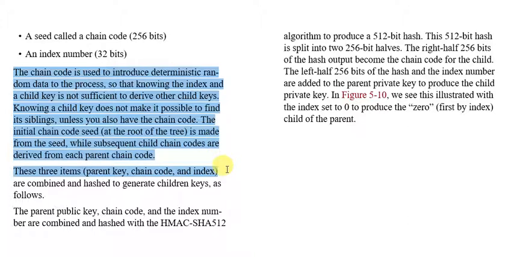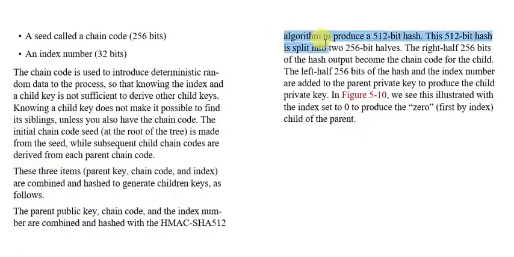These three items, parent key, chain code, and index, are combined and hashed to generate children keys, as follows. The parent public key, chain code, and the index number are combined and hashed with the HMAC SHA-512 algorithm to produce a 512-bit hash. This 512-bit hash is split into two 256-bit halves. The right half, 256 bits of the hash output, becomes the chain code for the child.